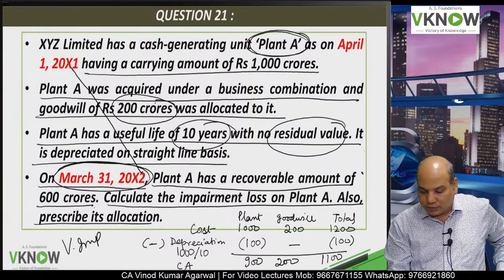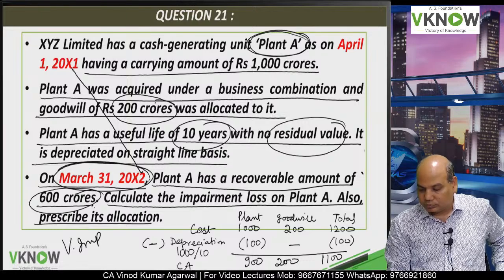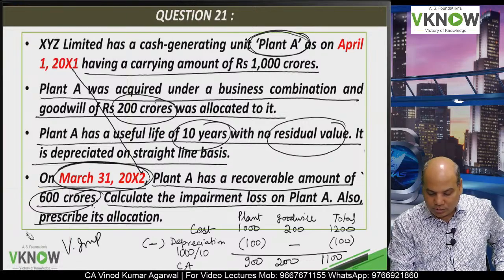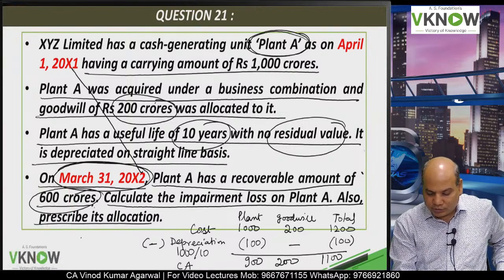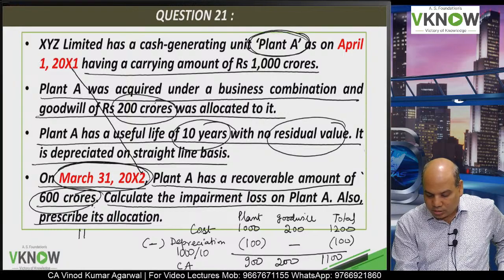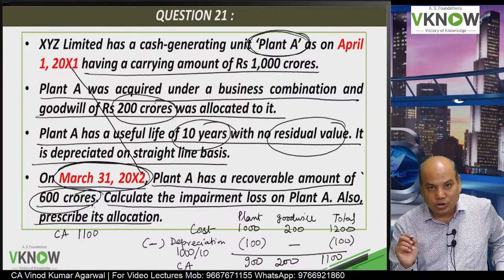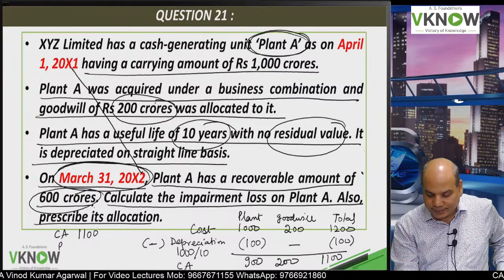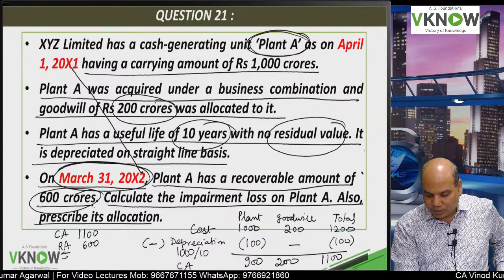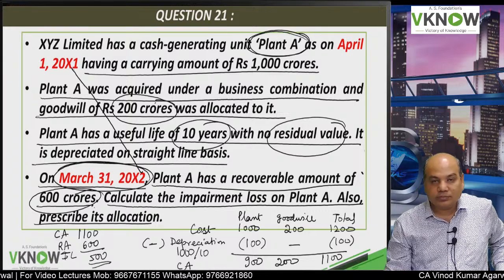Now what is the recoverable amount? 600. So students will pay attention. 1100 is my total carrying amount after allocation of goodwill. Recoverable amount is 600. So impairment loss will be 500.